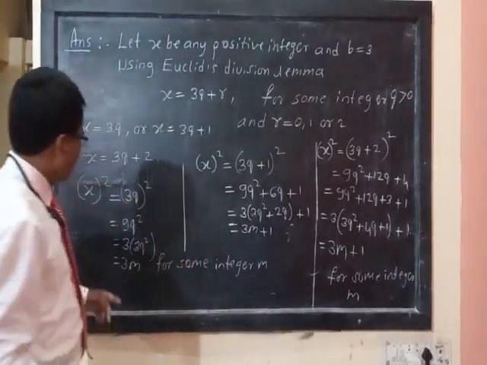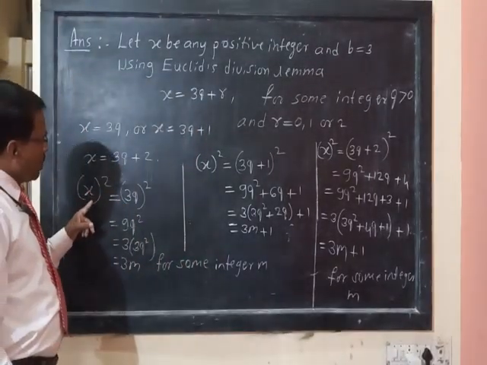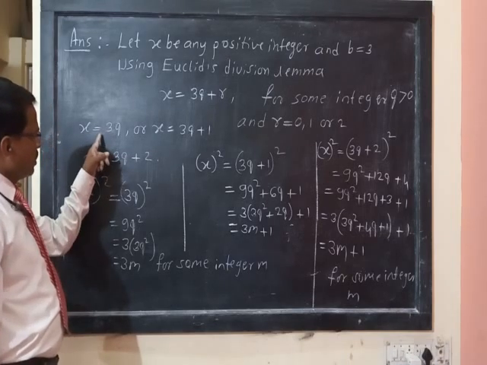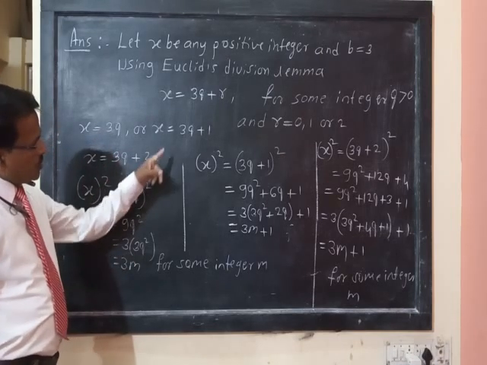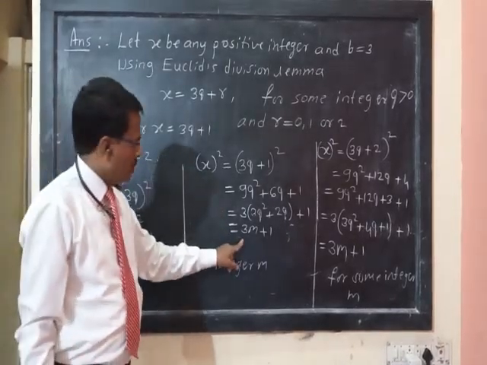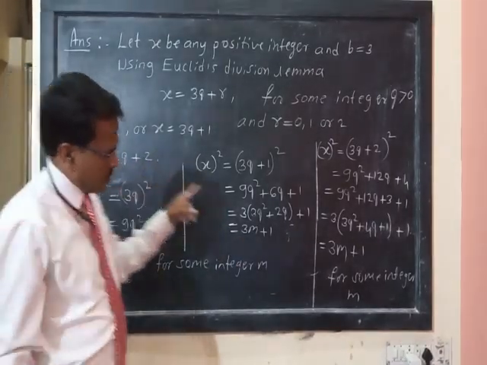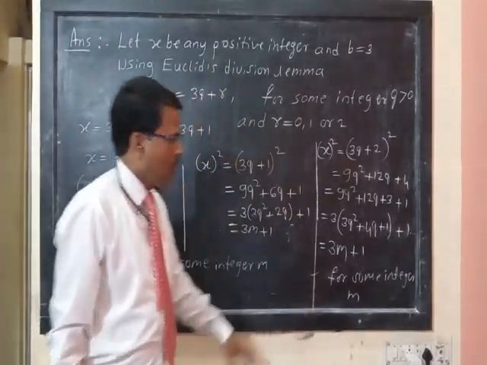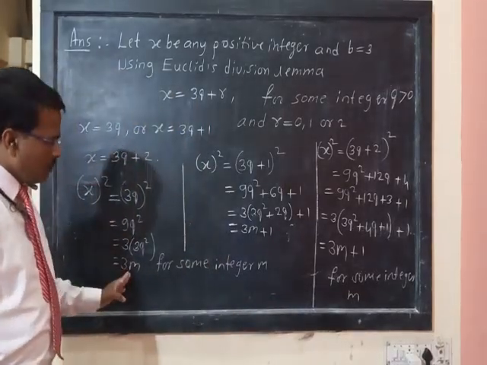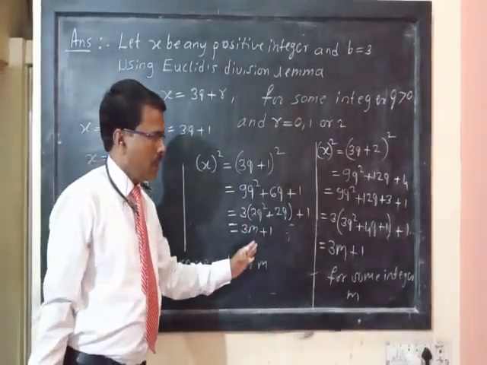Okay, now we have seen the square of this is 3m, the square of this is 3m plus 1, the square of this is 3m plus 1. So in all possible cases it is 3m or 3m plus 1.